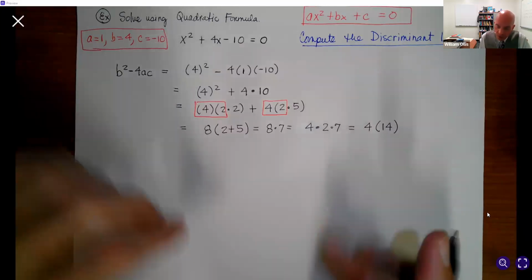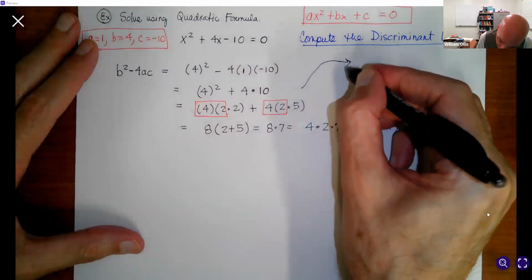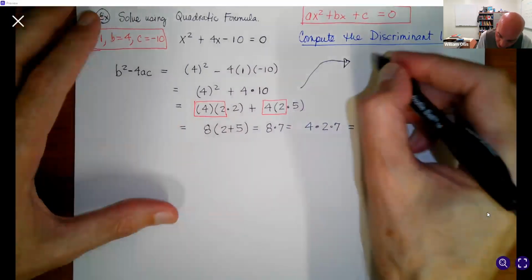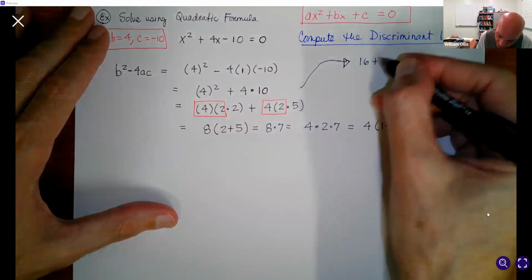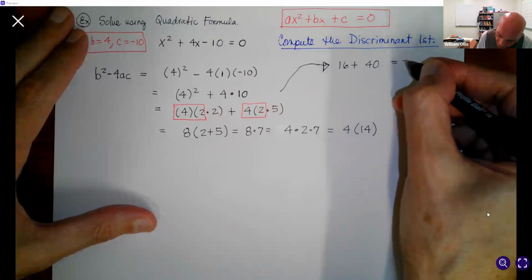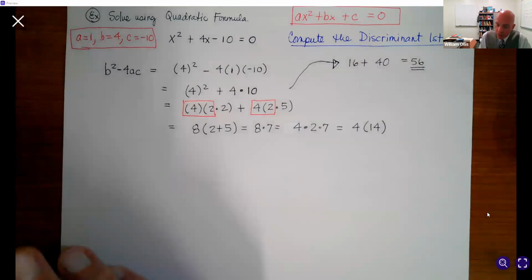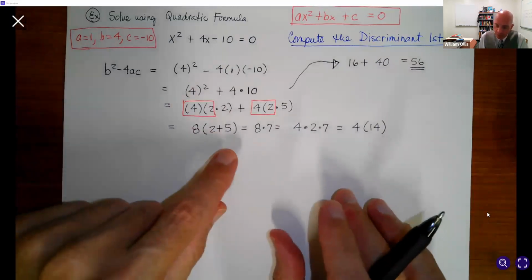So the alternative situation, for instance, had we done this, we could have thought, well, that's just a 16 plus a what? A 40. And that's 56. Okay, we'll get the same thing. Of course, we'll get the same result. But now notice what I've done here.